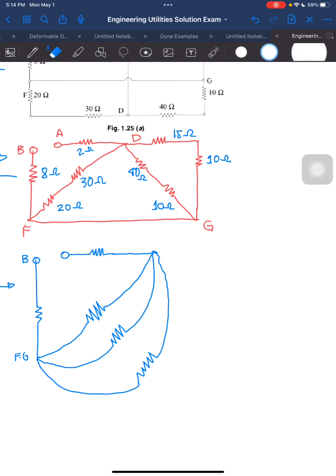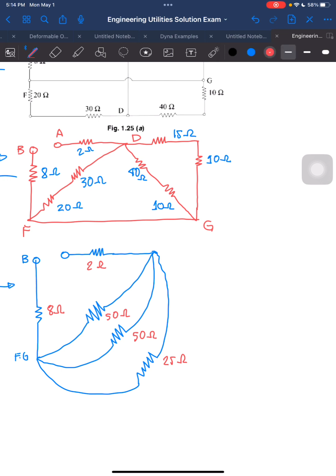Level natin. 2 ohms. 8 ohms. 20 plus 30, 50 ohms, 50 ohms, and then 25 ohms since 15 plus 10.